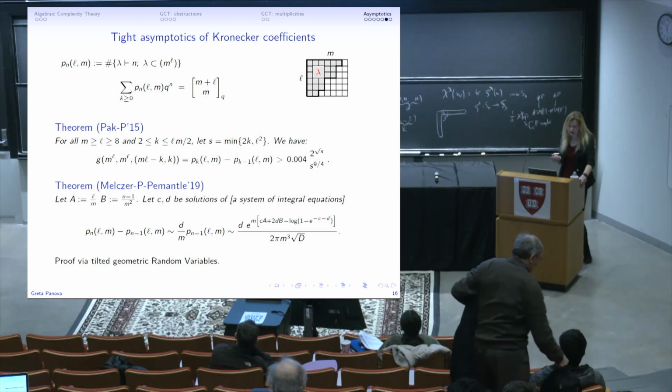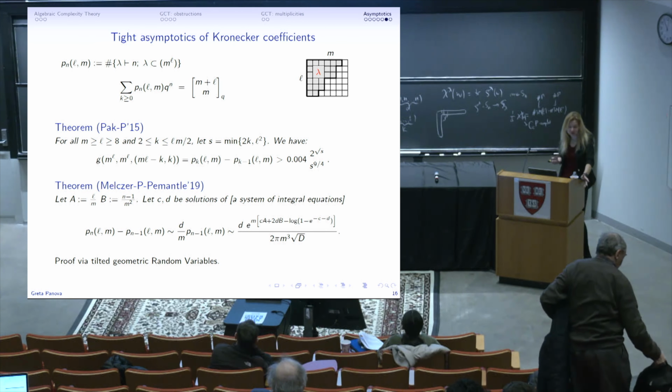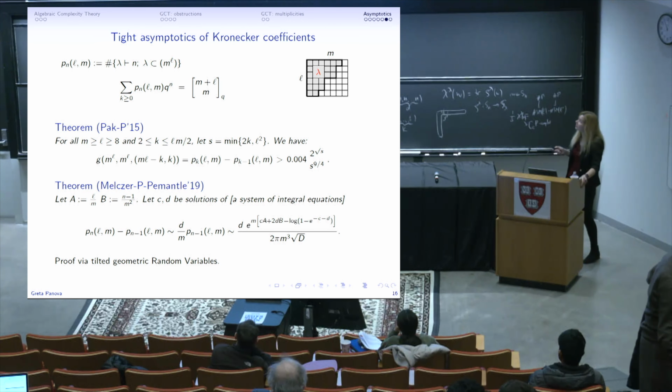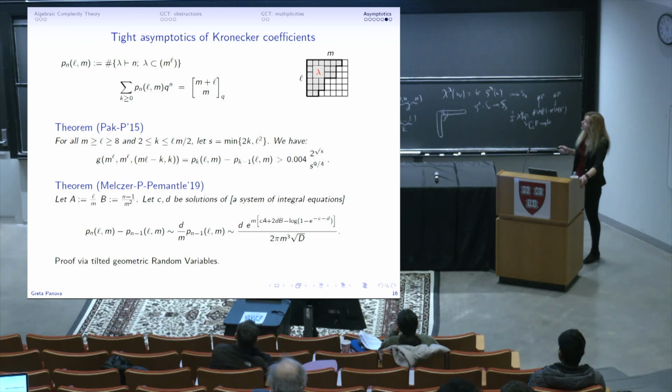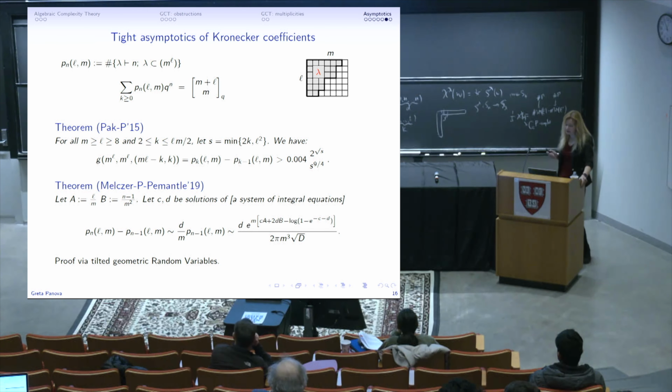And using tilted geometric random variables, we could actually estimate this very tightly everywhere except right in the middle, and figure out what the Kronecker coefficient would be in this particular case.